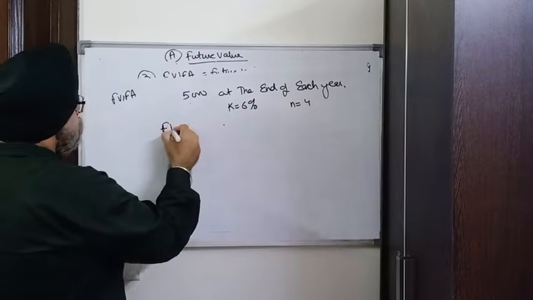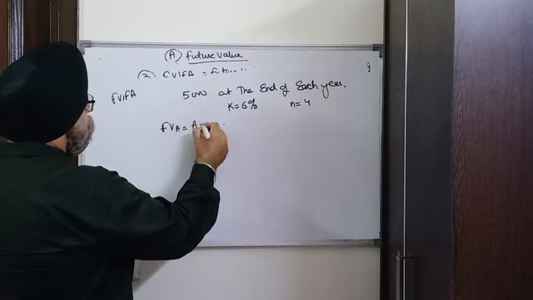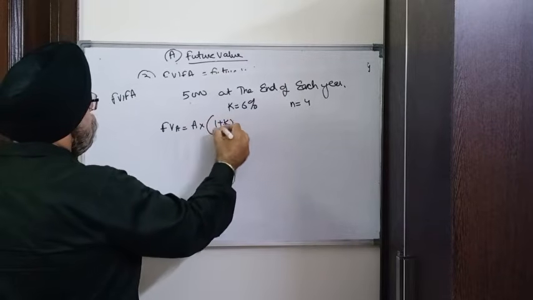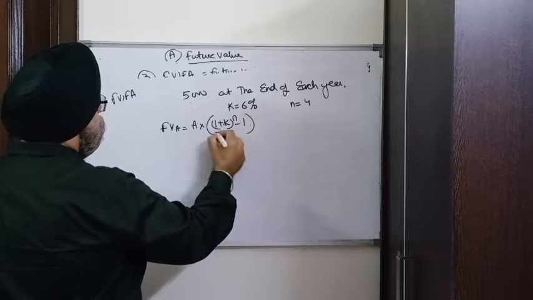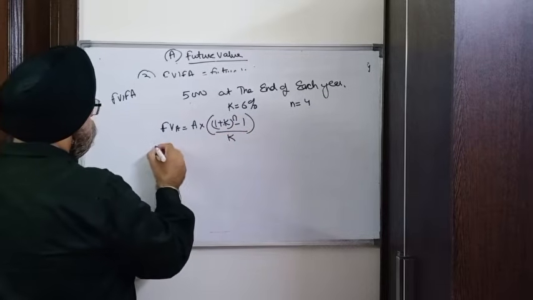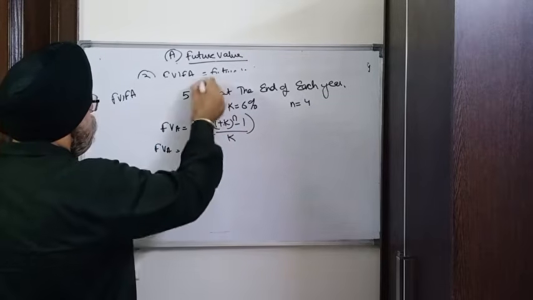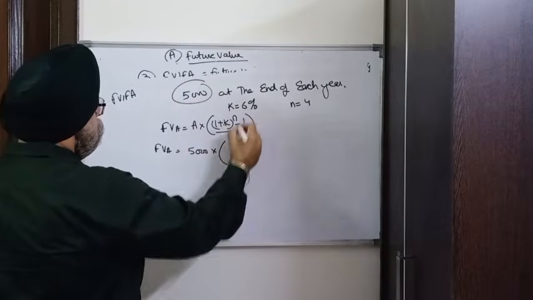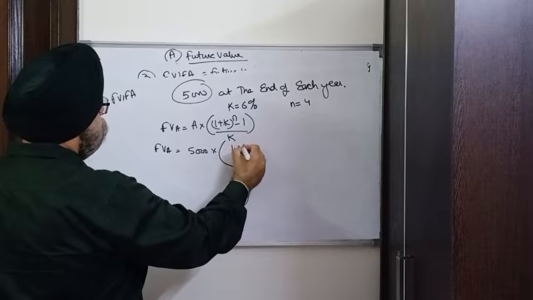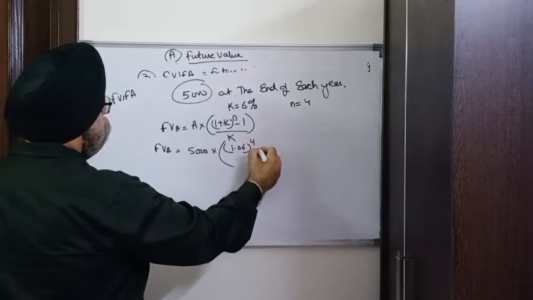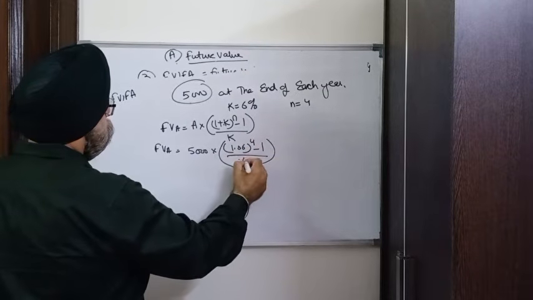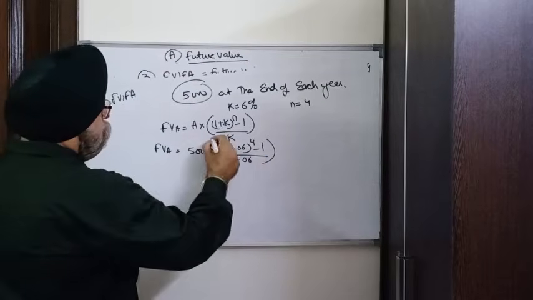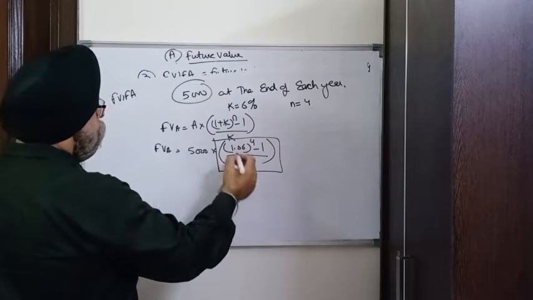So the formula is FVA equals annuity into ((1 plus K) raised to power n minus 1) upon K. The annuity is 5,000, K is 6%, N is 4. You need not calculate this whole thing.